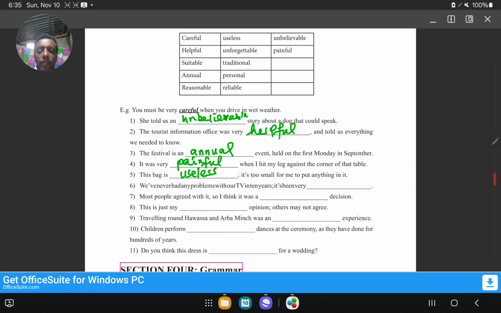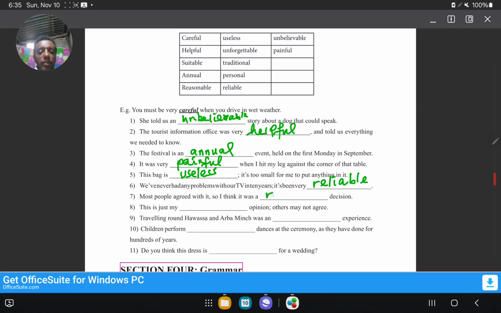We have never had any problems. Reliable. Rely, by the way, is the big word, don't forget, okay? Rely. Question number 7. Most people agreed with it, so I think it was a dash decision.